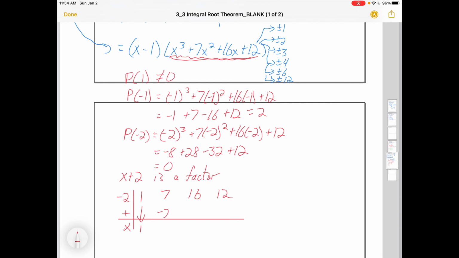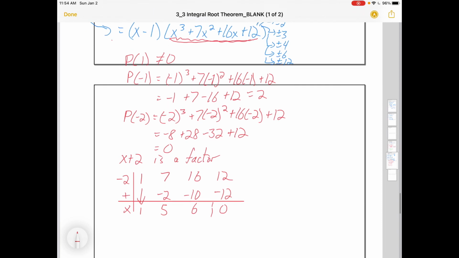Bring it down, multiply. Add them up, multiply. Add them up, multiply. Oh, this is so great. We got a remainder of 0. So now we know this factors further as x minus 1, x plus 2, the factors we found, plus the leftovers of x squared plus 5x plus 6.